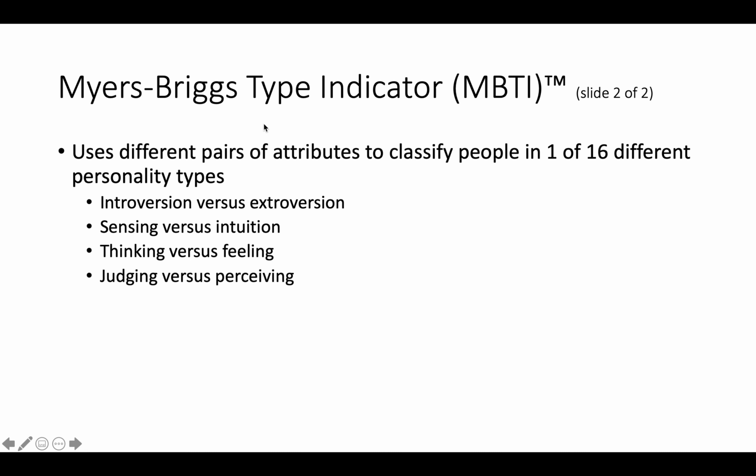Now, the Myers-Briggs, as you see here, uses different pairs of attributes to classify people. You have introversion versus extroversion. If you remember us talking about that, an introvert is a reserved person. They're not very outgoing. They are usually deep within thought or within themselves, and they really don't like public situations.